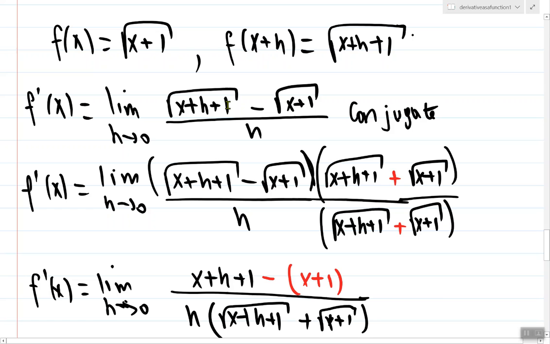So this is a case where, before we do this, we're going to conjugate the numerator. We're going to multiply the numerator and the denominator by the conjugate of the numerator, because we have the square root sign. The conjugate of the numerator is just to make the numerator positive here. So the conjugate of the numerator is the square root of x + h + 1 plus the square root of x + 1.